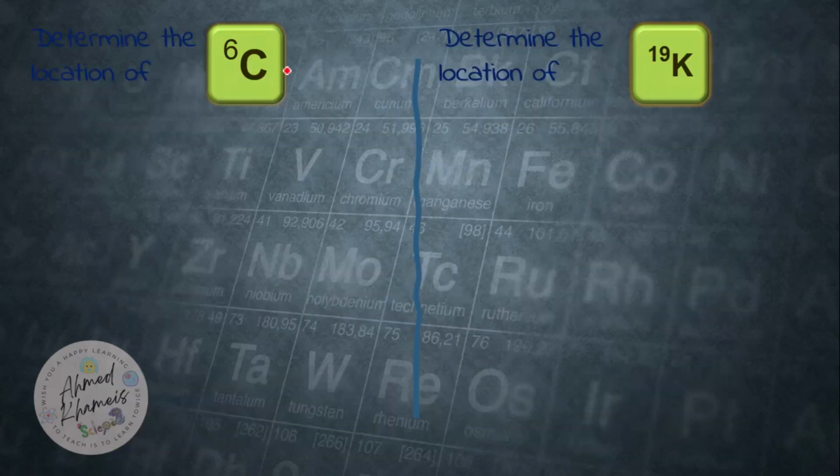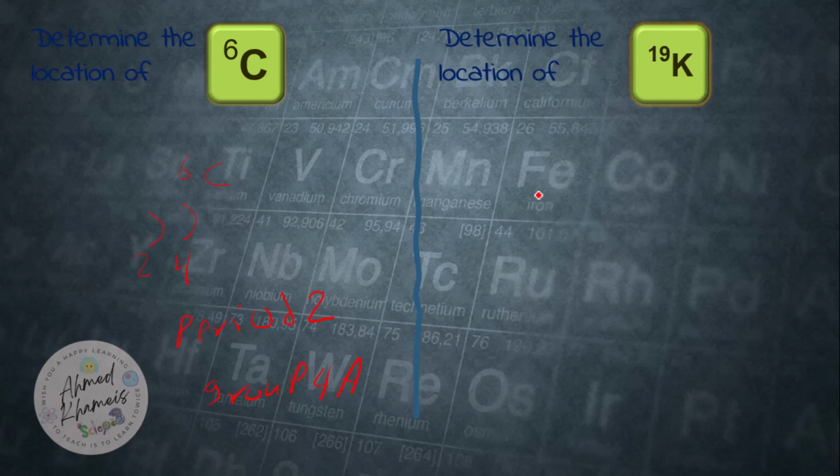So we have here carbon 6, with 6 electrons. Write the configuration: 2, 4. So we have 2 energy levels, so period 2, group 4A.